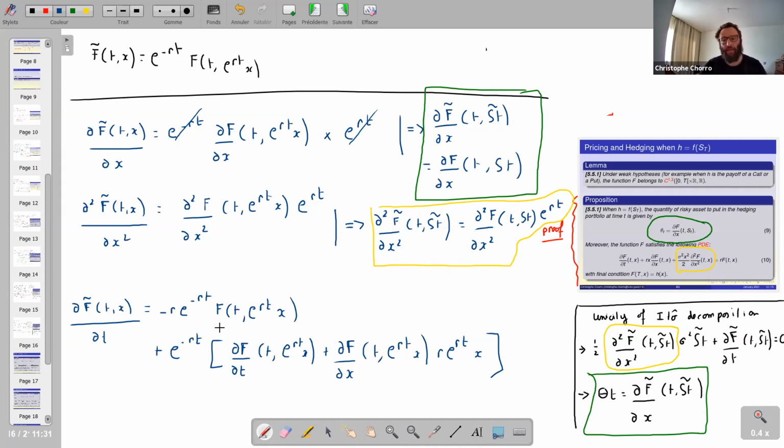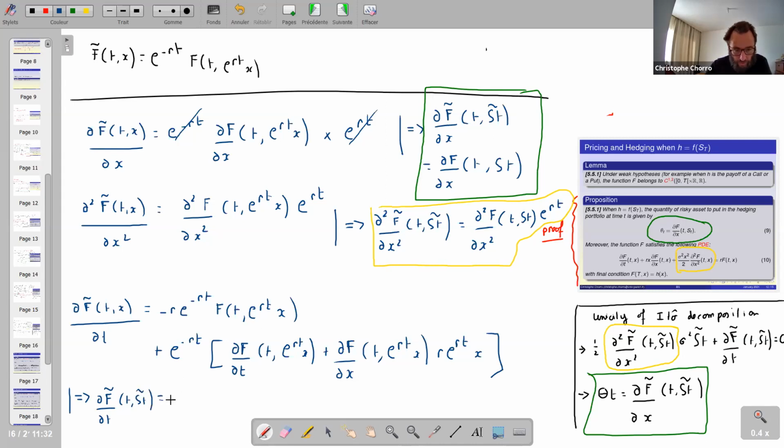So from which I deduce that d f tilde over dt of t, S_t tilde is equal to what?